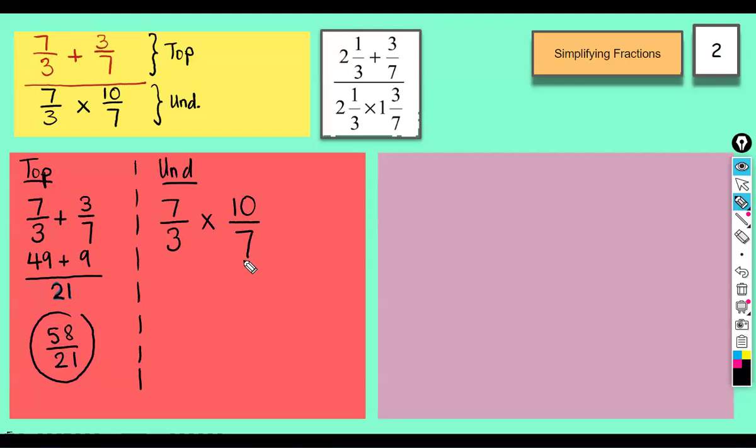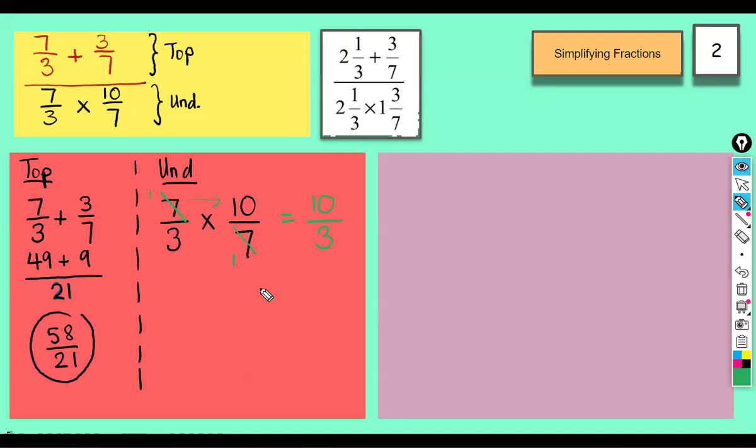Immediately here, we see something that could cancel out real easy. Won't this 7 cancel out with that 7? So what you'll be left with, 7 to 7 is 1, right? So how you multiply? 1 by 10 is 10. And 1 by 3 is 3. So for the underneath portion, we just get 10 on 3.